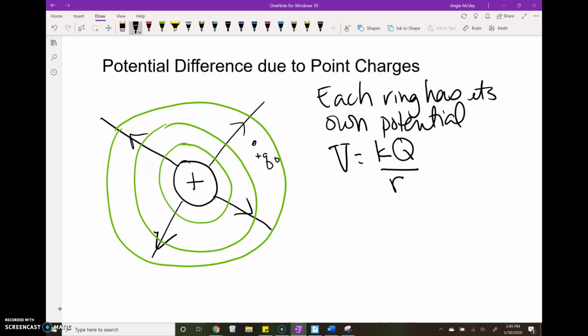And that can indicate what direction a positive test charge would be moving. Okay, this Q is this guy here.